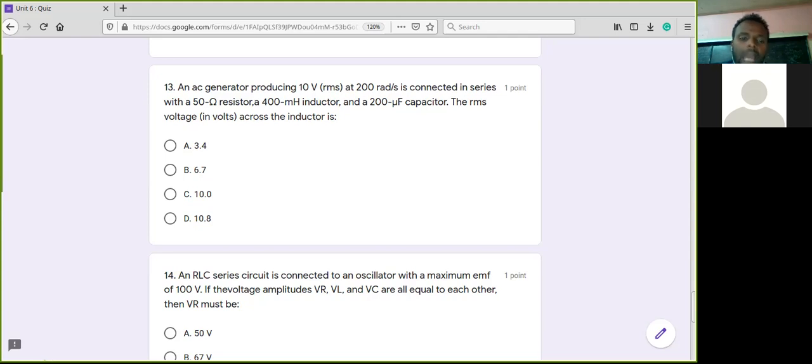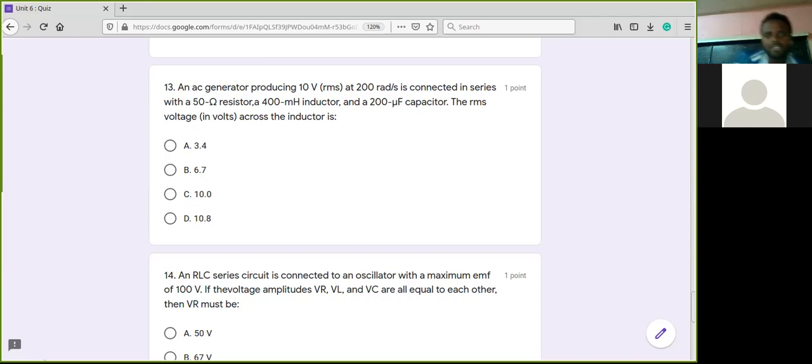The current is the same for all because the circuit is in series. We have to calculate the total current. That total current, I root mean square, times the XL gives the voltage across the inductor, yes? Did you understand it?